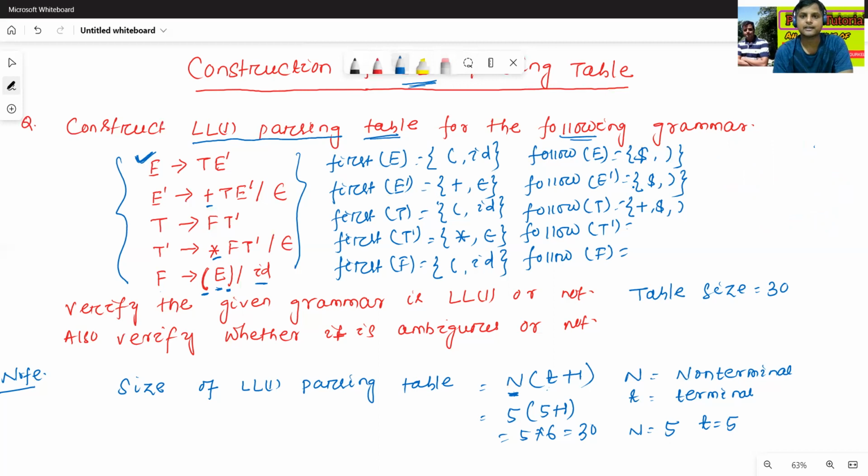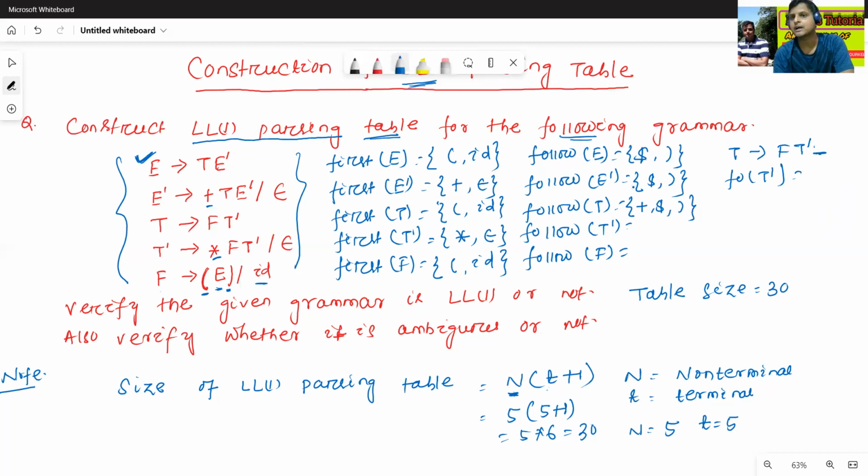Now we'll check where T is on the right side. There is no T on the right side. Now we'll find follow of T prime. Where is T prime? Yes, T → F T prime.